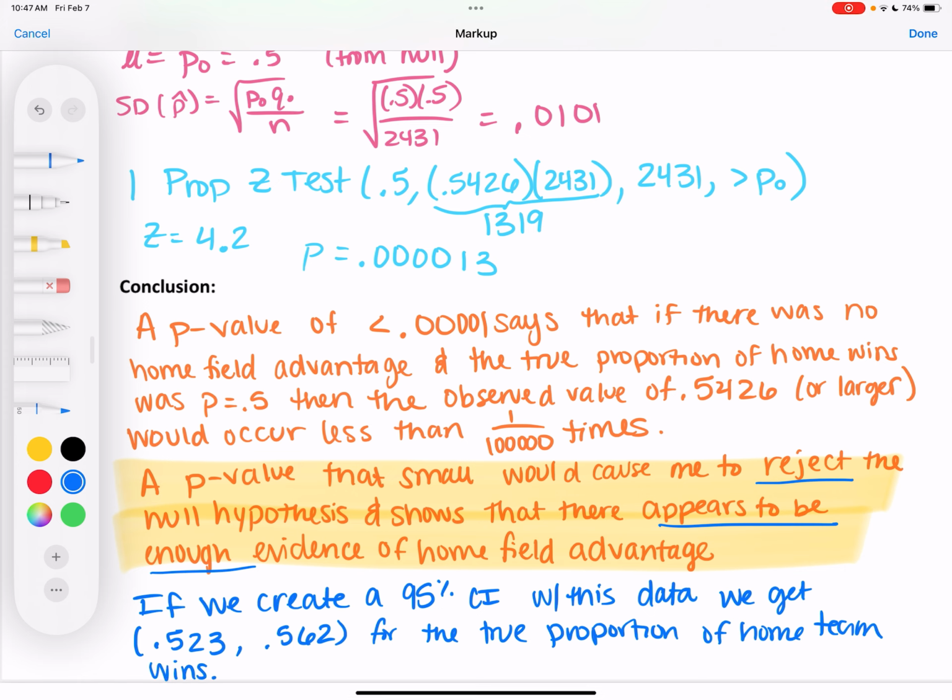So that basically is saying between 52.3% and 56.2% of the time, we're going to see that the home team wins. Basically.